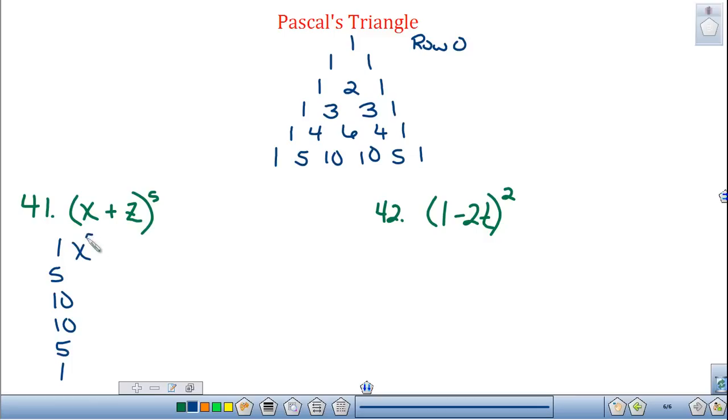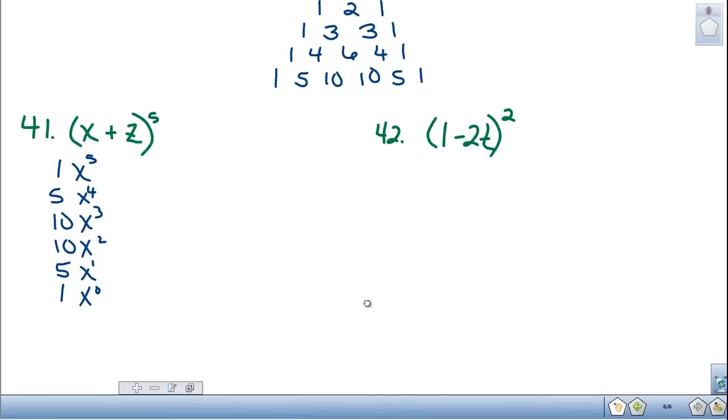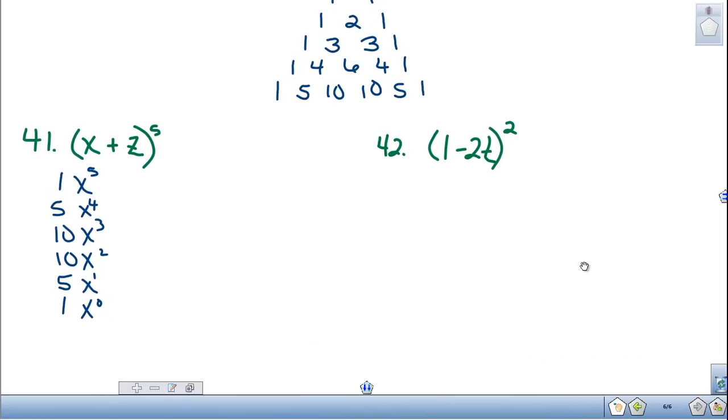Again, I'm going to start with x to the fifth, x to the fourth, x cubed, x squared, x to the first, and of course x to the 0 power. We know that anything to the 0 power is equal to 1. So as you progress through these problems, it's really not that necessary to write that 0 power, but I'm just doing that to demonstrate the countdown.